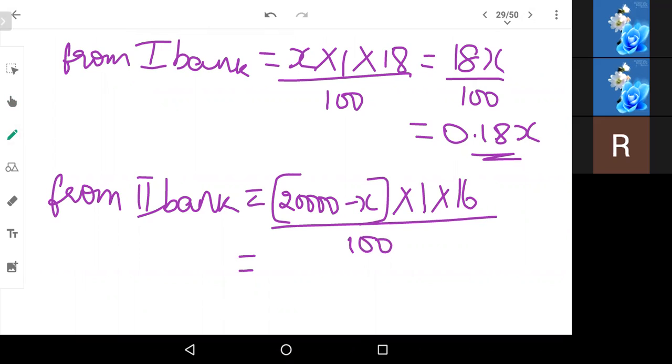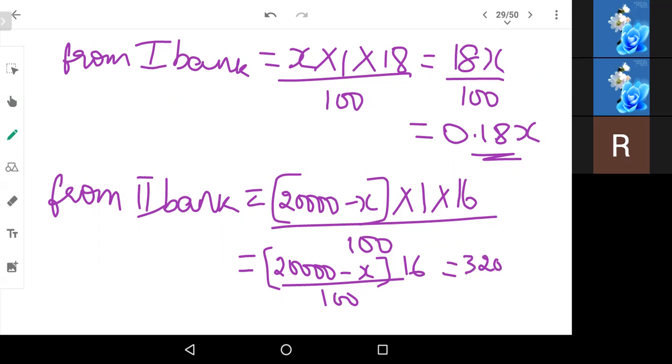Do some simplification. 20,000 into 16 will give you 3,20,000 minus 16x divided by 100.